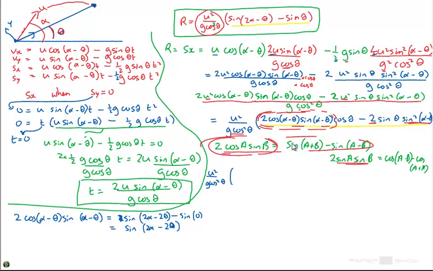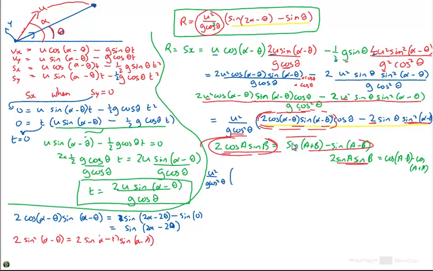So 2 sine A sine B, in this case A and B are the same, so we'd have 2 sine squared alpha minus theta, that's the same as 2 sine alpha minus theta sine alpha minus theta.